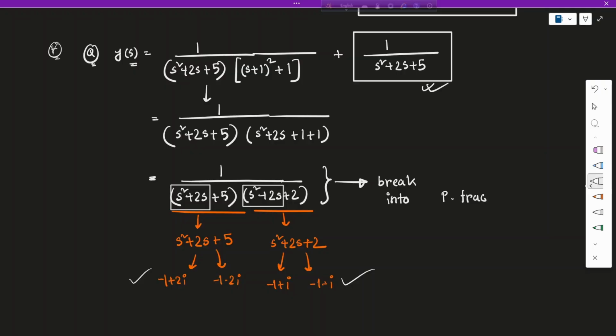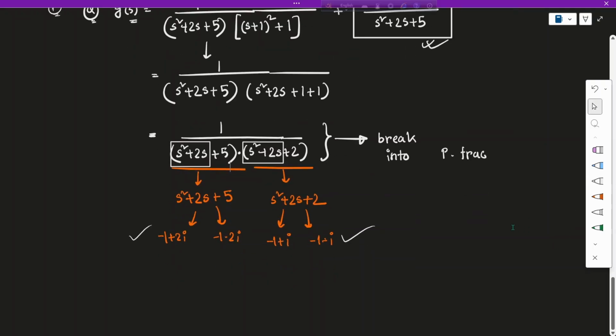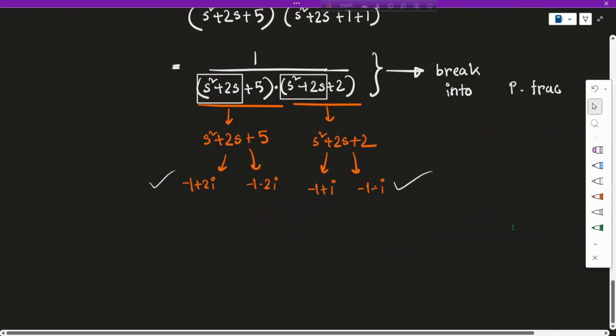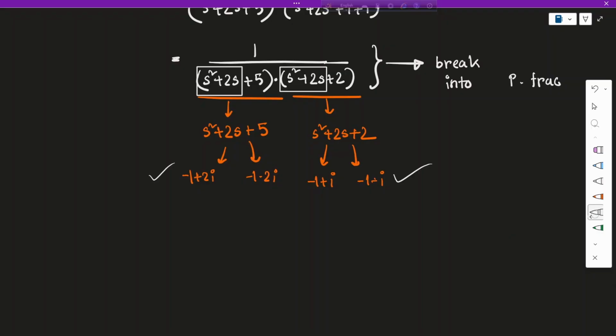And the second part is that the first two terms of both of the factors are the same, which is s squared plus twice s. We can use that to our advantage and convert them. Let s squared plus twice s equal z. We can actually do that.